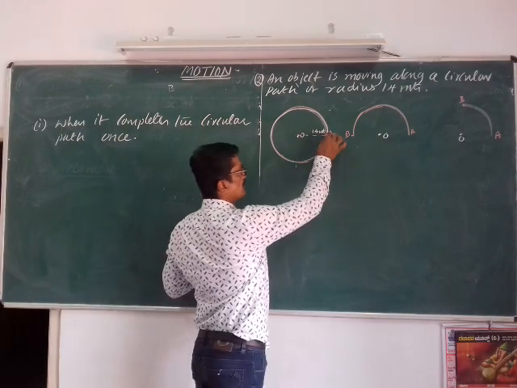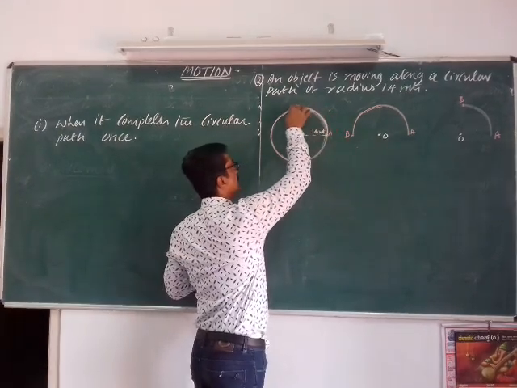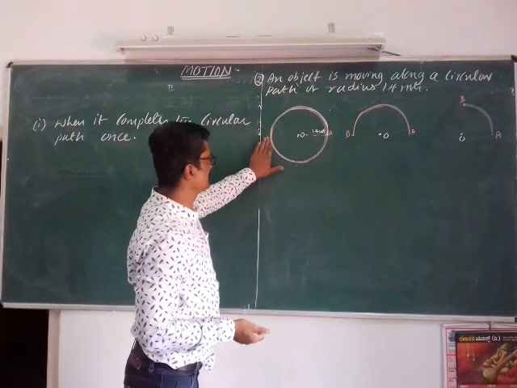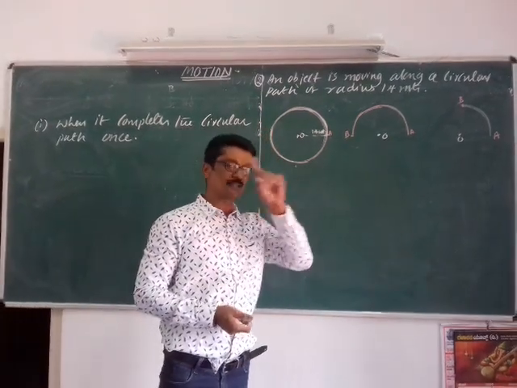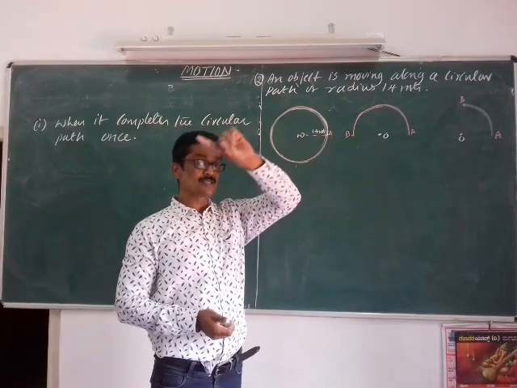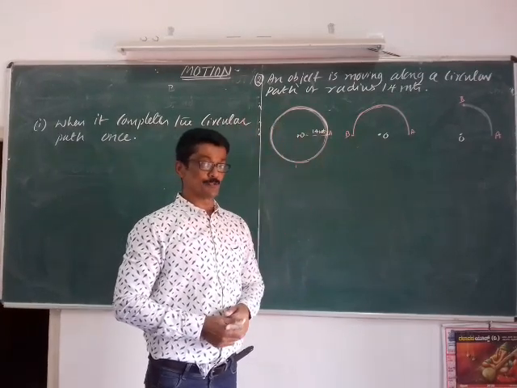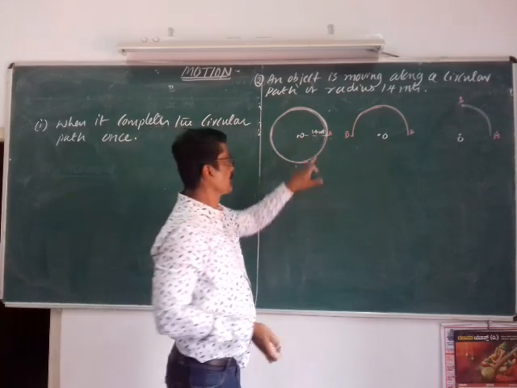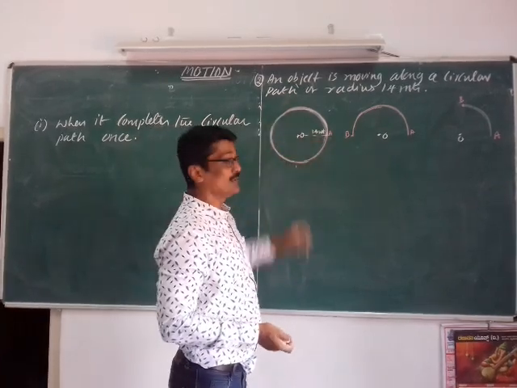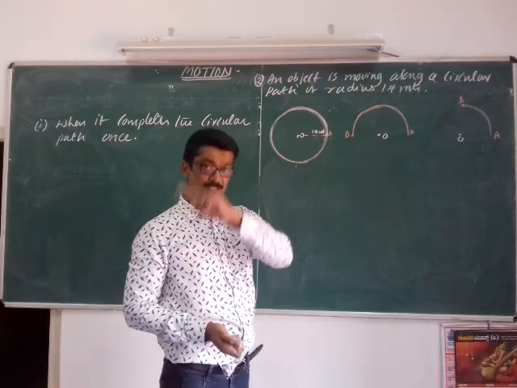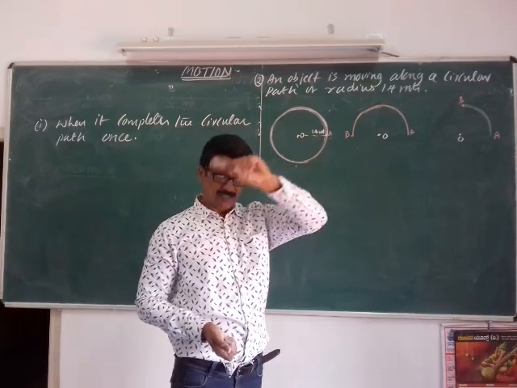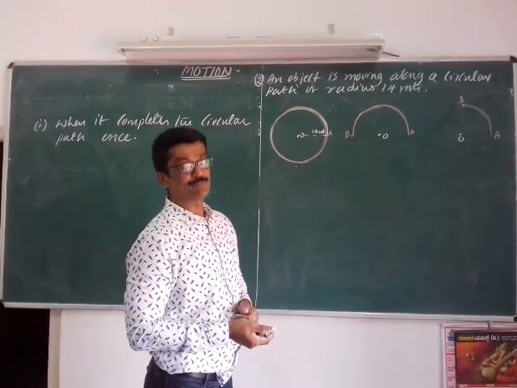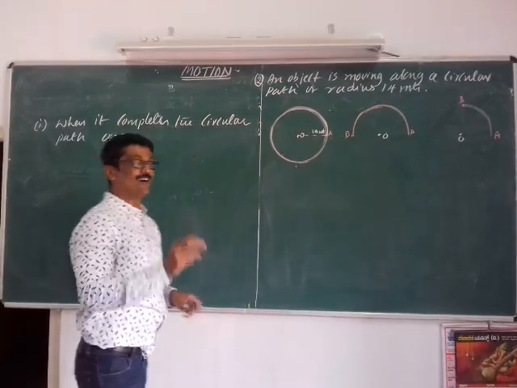Dear students, I think you know the definition of the circumference. What is meant by circumference of a circle? Length of the closed curve which forms a circle is called circumference. That boundary is the circle and the length of that boundary is the circumference, and we know the formula for circumference is 2 pi r.